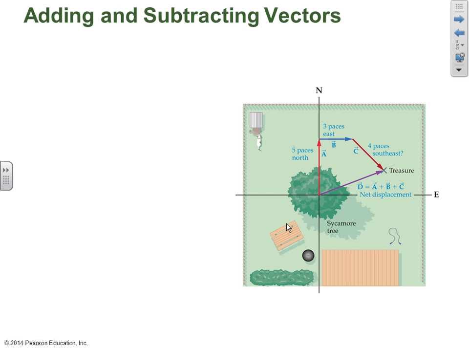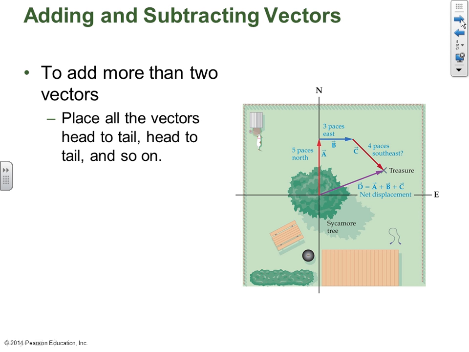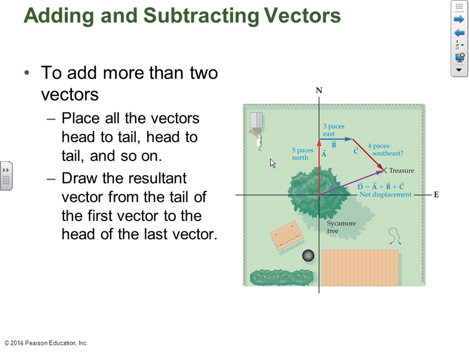Let's say you make your treasure map now a little more challenging, right? 5 paces north, 3 paces east, and then 4 paces southeast. That's fine. You still have to line them up head to tail. So B starts where A finishes, C starts where B finishes, and then you draw in the vector from the beginning of the first one to the end of the last one.